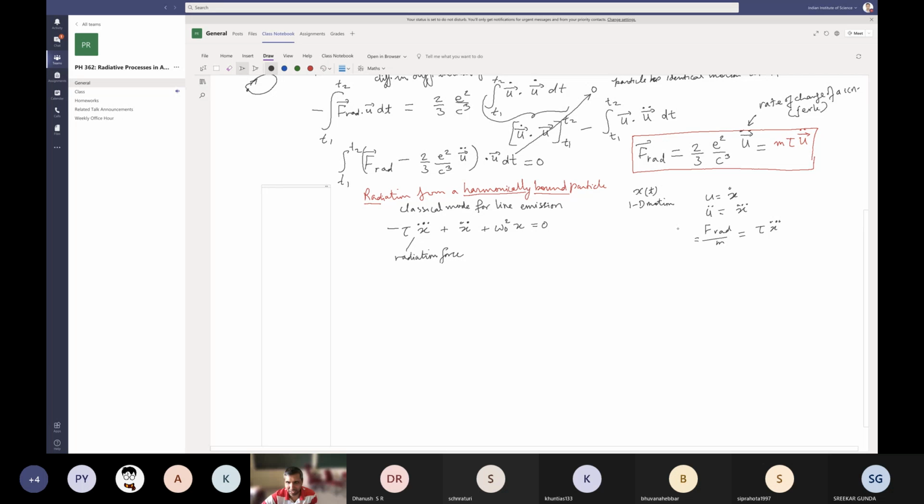This is acceleration due to the radiation force, and when we bring it to the left hand side, it appears with a minus sign. So this is the radiation force. Okay, good. But we said that tau is typically much less than the orbital time. So this is sort of a small perturbation, right?